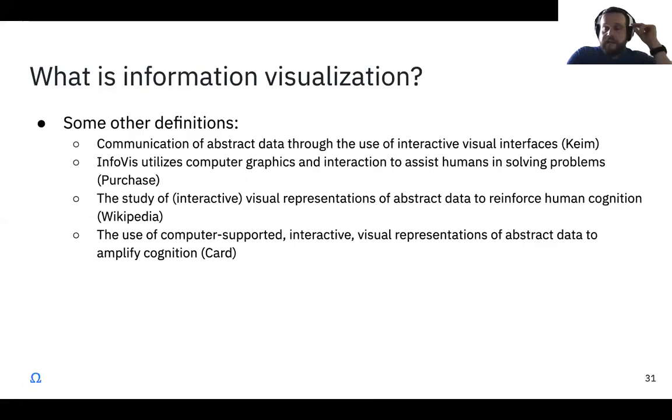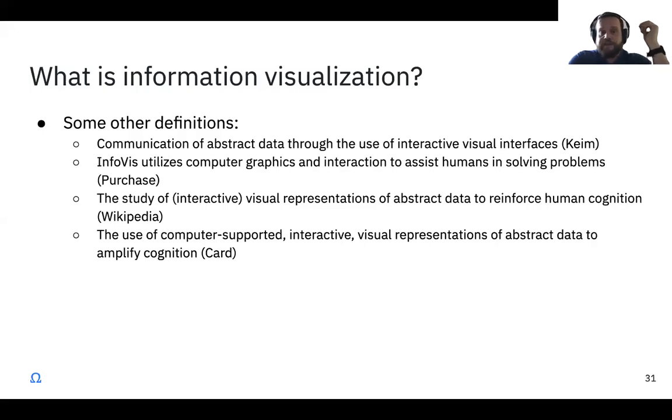And in the beginning of the lecture, I talked about information visualization having multiple definitions. So we can go over some other ones beyond the goal and mapping style definitions. Daniel Keim, who is one of the founding fathers of visual analytics, says that InfoVis is communication of abstract data through the use of interactive visual interfaces. Purchase says that InfoVis utilizes computer graphics and interaction to assist humans in solving problems.